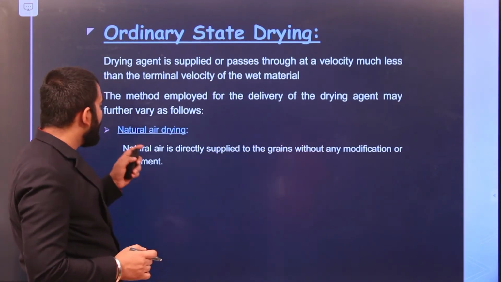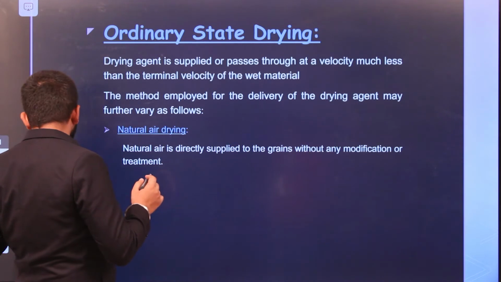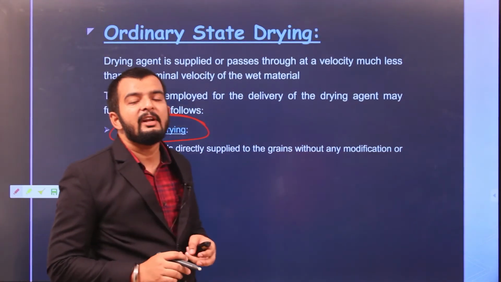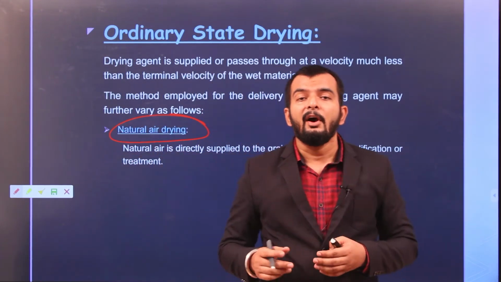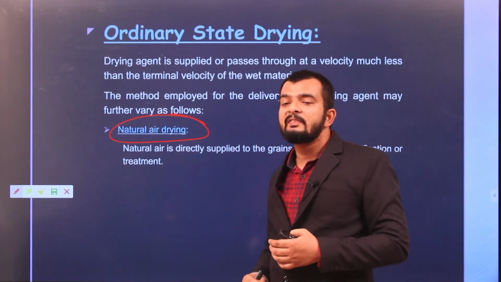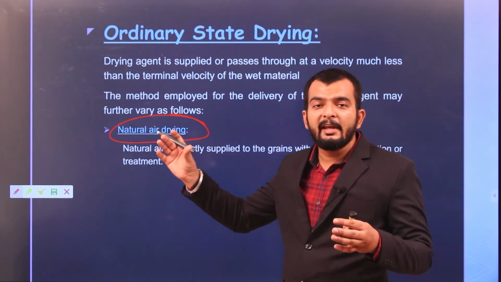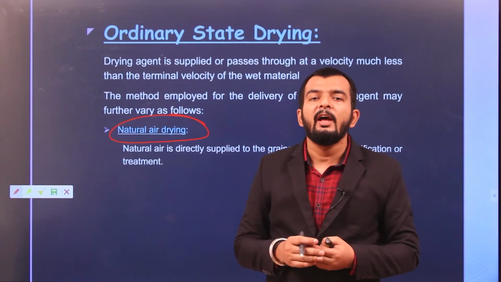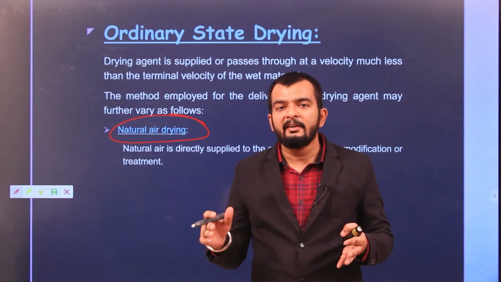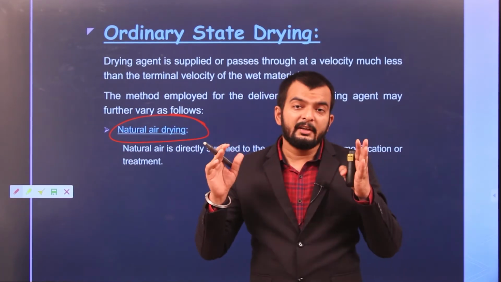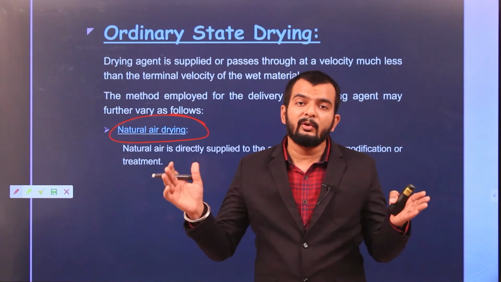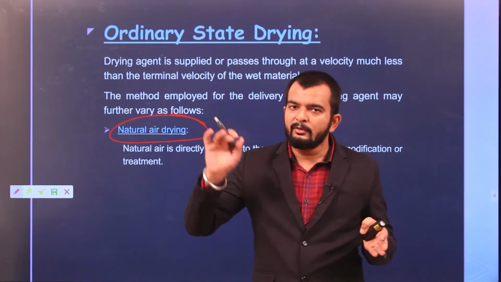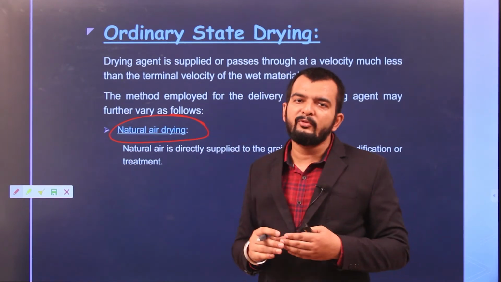Okay. So the first variation in this case is natural air drying. What happens in natural air drying? The drying agent in this case is natural air, that is, the natural air from the surrounding, which we are supplying through fans through the grains, as in the case of unheated drying. In unheated drying, the grains are kept in storage cans or storage drums, and air is passed through the bottom and removed from the top of the drum.